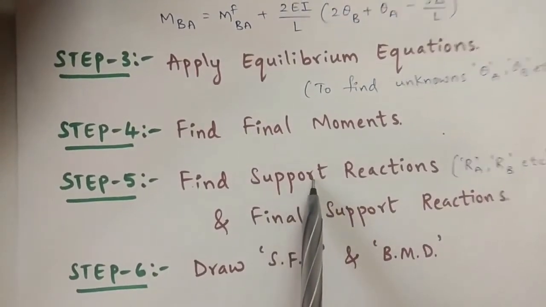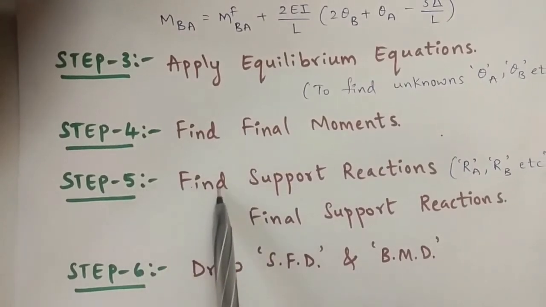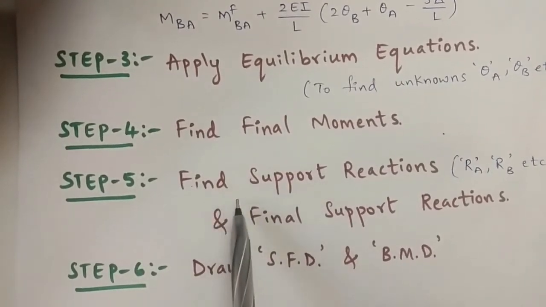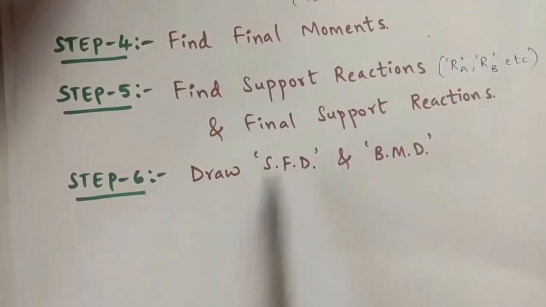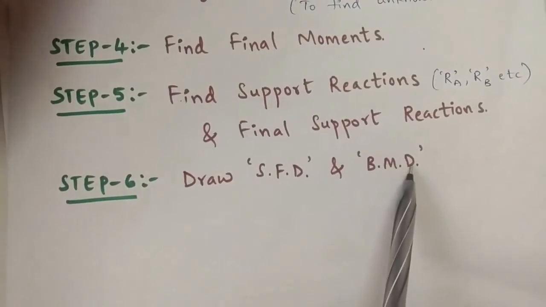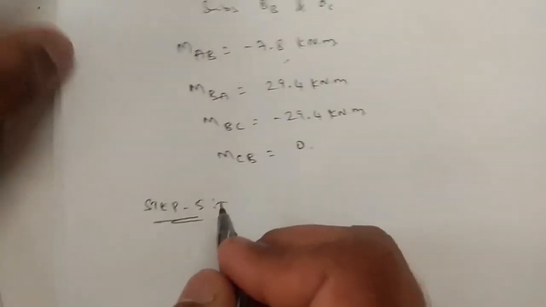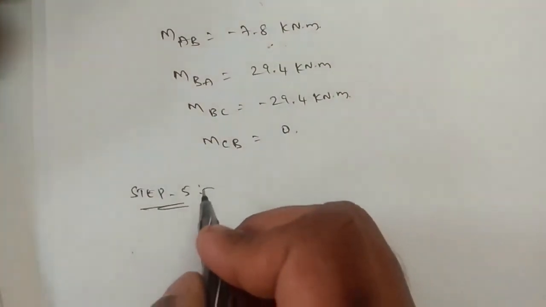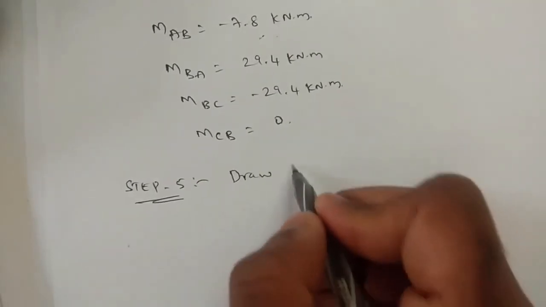In case of shear force diagram, we will add this step number 5. Here shear force diagram is not asked, so we will directly go to step number 6, to draw the bending moment diagram. So directly I am going to the last step: draw the bending moment diagram.